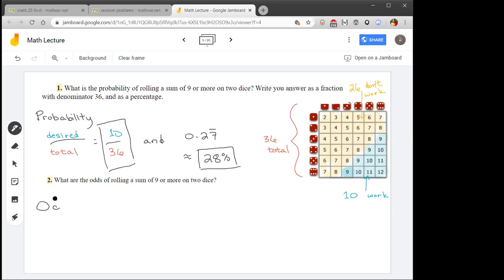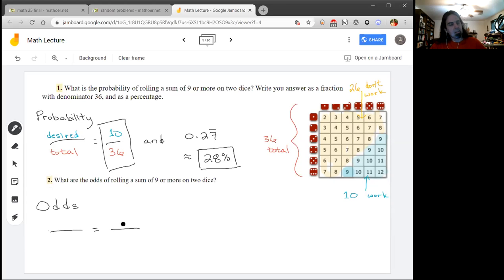Odds still has the desired on the top. But on the bottom, we switch to the undesired. And usually, when we have odds, we reduce. Not always, but in most applications we do.